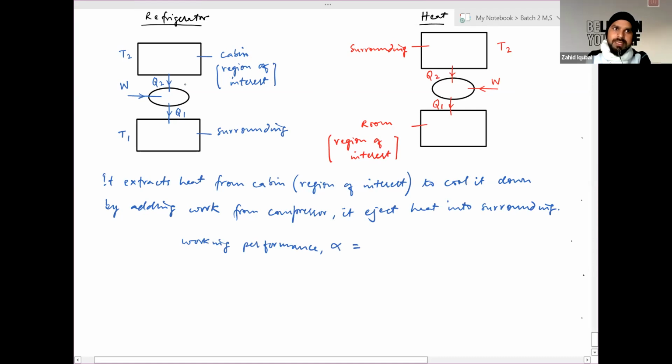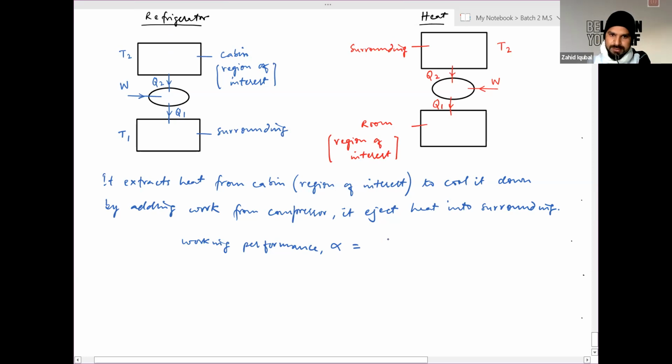So for this, the refrigerator has to cool down the temperature of the cabin. So how much heat it must have extracted relative to the total energy supplied to it through the compressor by the help of electricity.